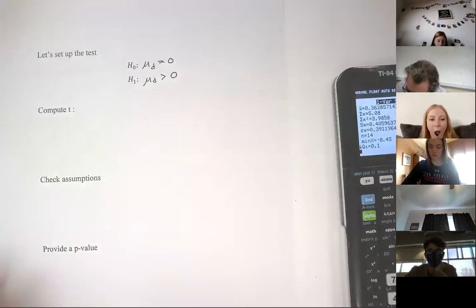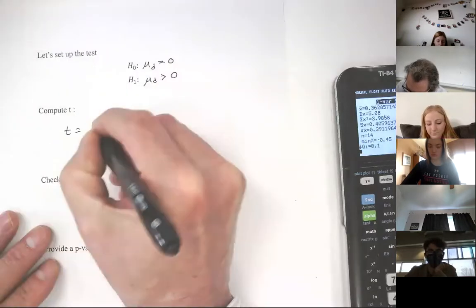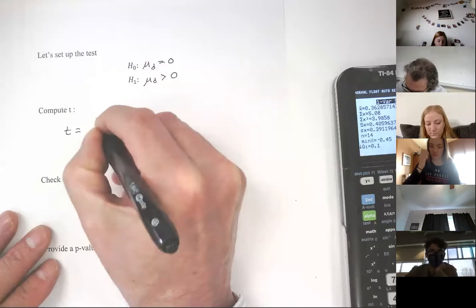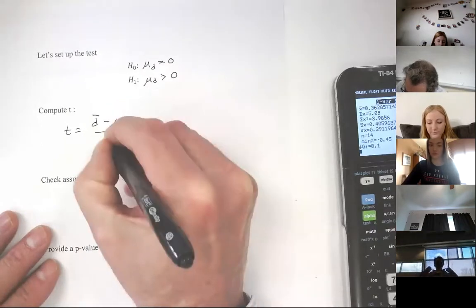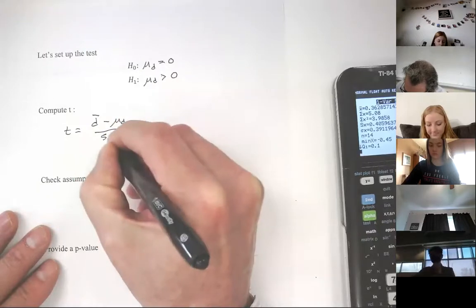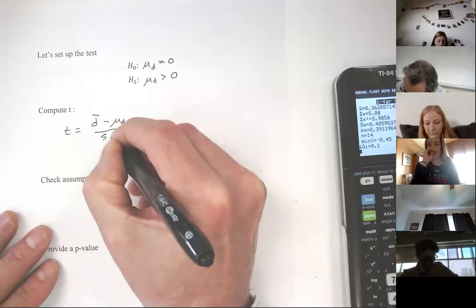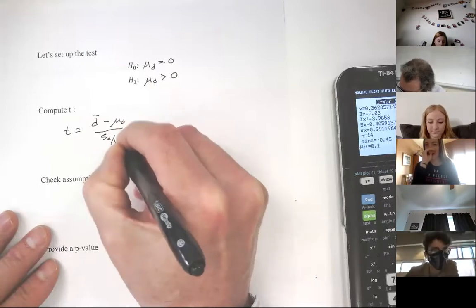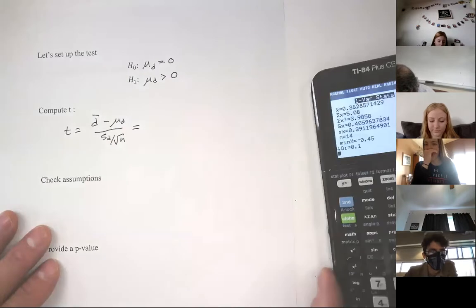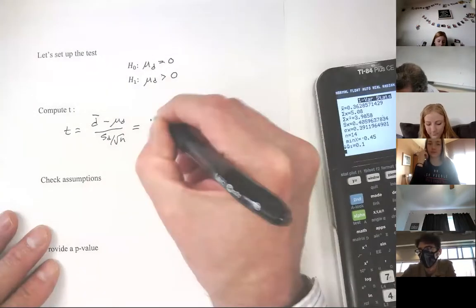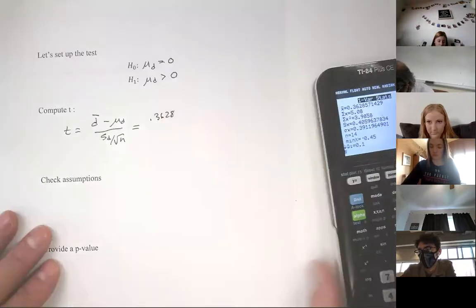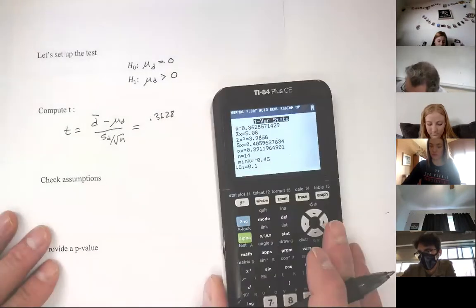We're going to compute T. It's going to be D bar, if you want to call it that, minus mu D. Oh, we've got the standard deviation. I guess like this over root n. I guess we'll do that. Okay. And X bar was 0.3628, minus 0.